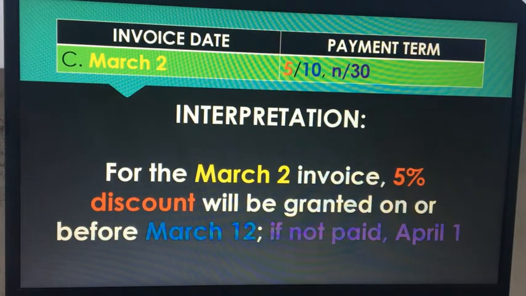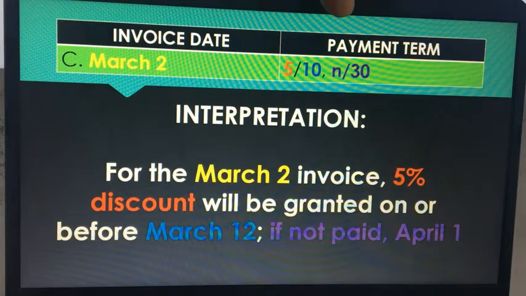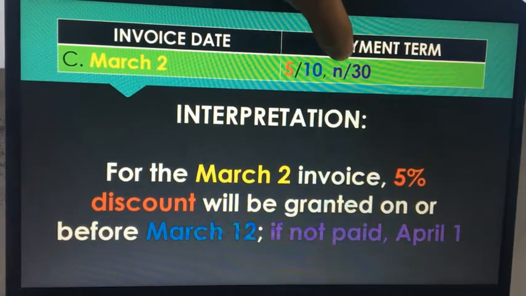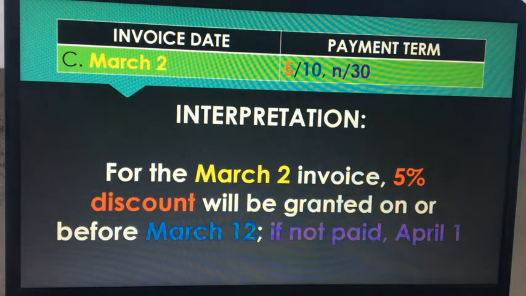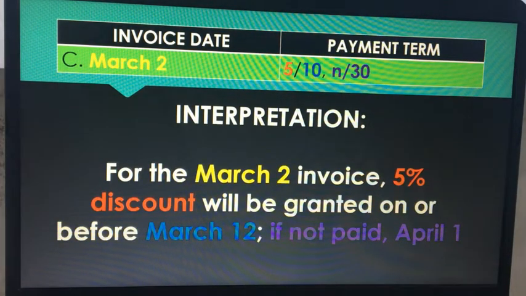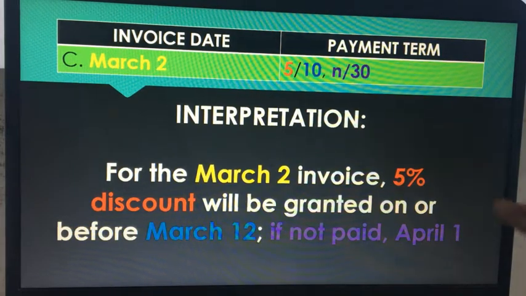If you fail to pay in the first 10 days, you are going to proceed to the second part. Again, that is N. When you say N, that is no discount rate will be granted to you. If not paid by April 1, that means no discount, which means you are going to pay the full amount until April 1.